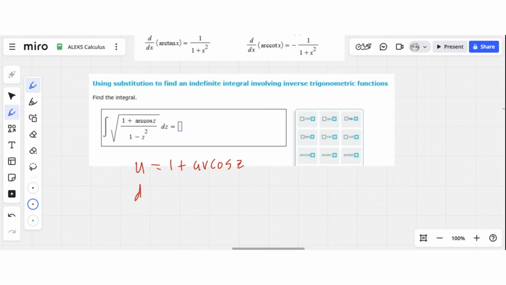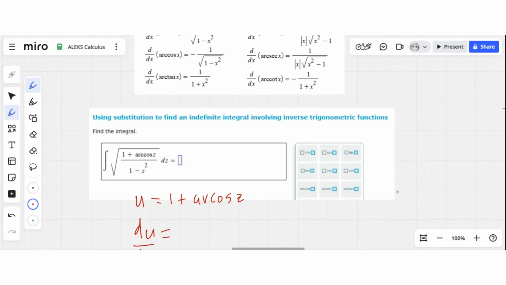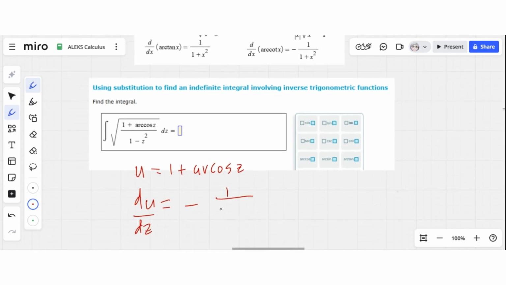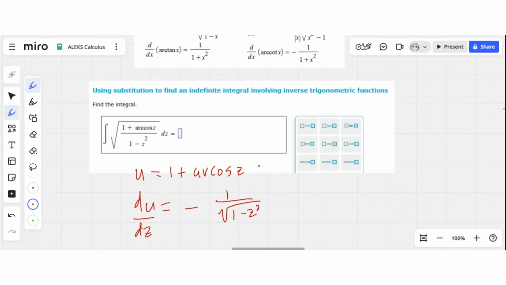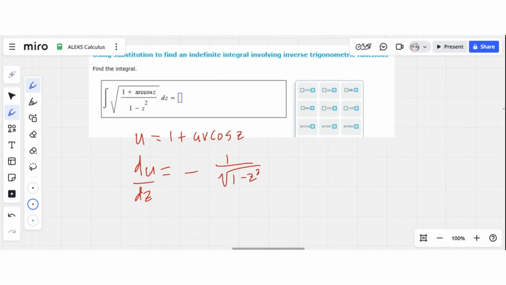Now, that is going to make du with respect to z equal to, if we take the derivative of 1, that just goes away, it's a constant, and then we have our arc cosine. So that's negative 1 over the square root of 1 minus z squared. You can see that's pretty similar to what's going on here, and I'm going to arrange this so it's just defined in terms of du.